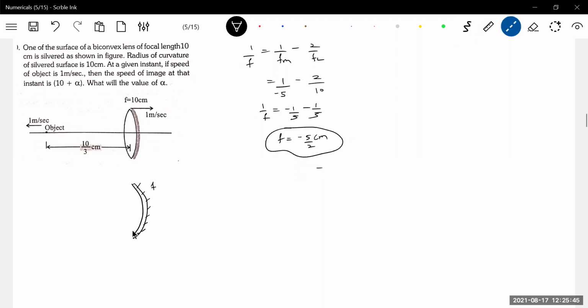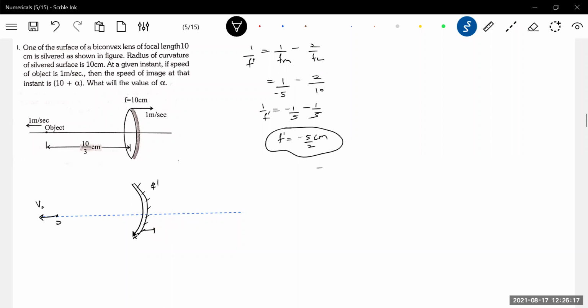Now get into the basics of an object moving near a concave mirror. The lens is moving with 1 meter per second. We have the focal length of this, f dash I'll call it. In the book they have given f, no? The object is moving with a speed VO.